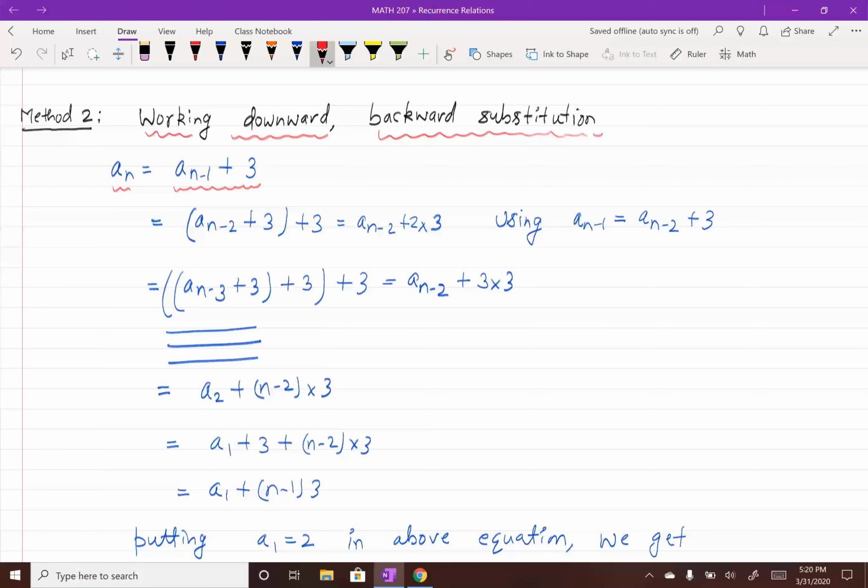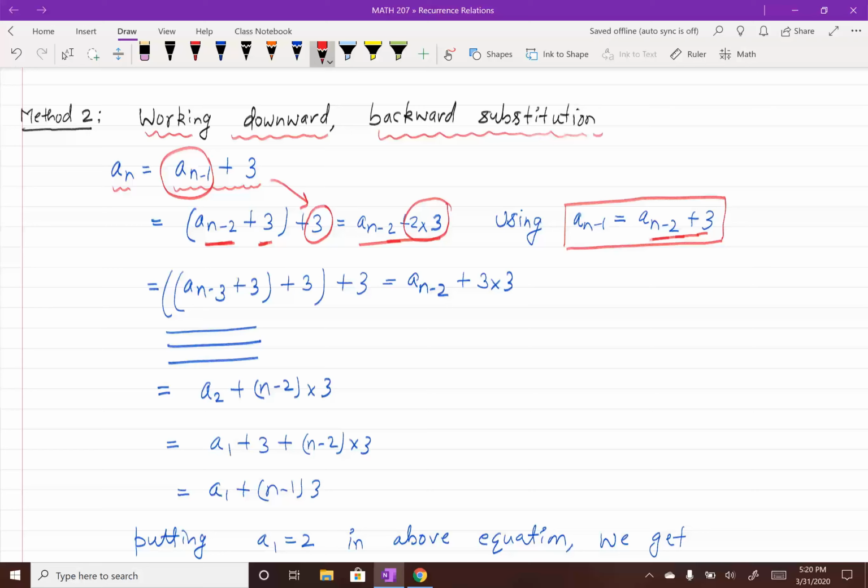We know that a of n minus 1 can also be represented by this rule as a of n minus 2 plus 3, and if we replace a of n minus 1 by this term, it can be written as a of n minus 2 plus 3, and the plus 3 remains the same here. So everything you can write here as a of n minus 2 plus 2 times 3.